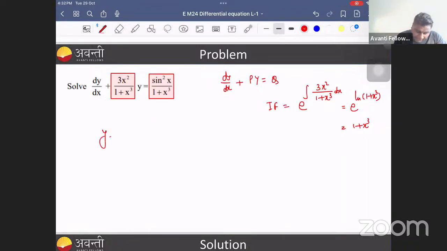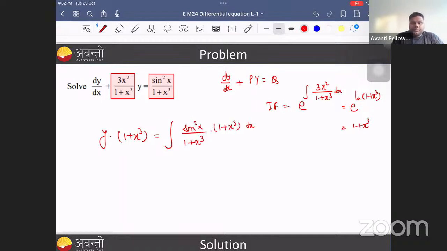Y into the integrating factor, that is 1 plus x cube, equals the integration of Q. Q is what? Sine square x upon 1 plus x cube, into the integrating factor 1 plus x cube dx.